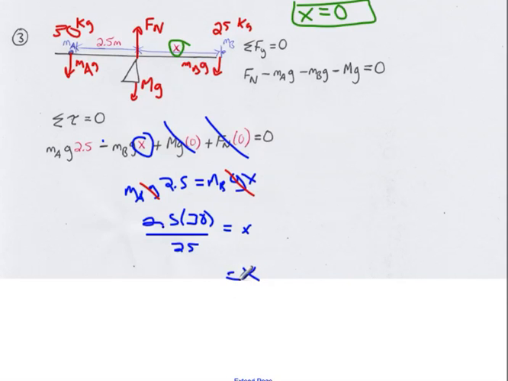We get 2.5 times 30 divided by 25, and we get 3. So 3 meters. That person would have to sit 3 meters away, since they weigh a little bit different, for the seesaw not to move. Okay, we'll have one more video after this and get a little more in depth on that one. Bye.